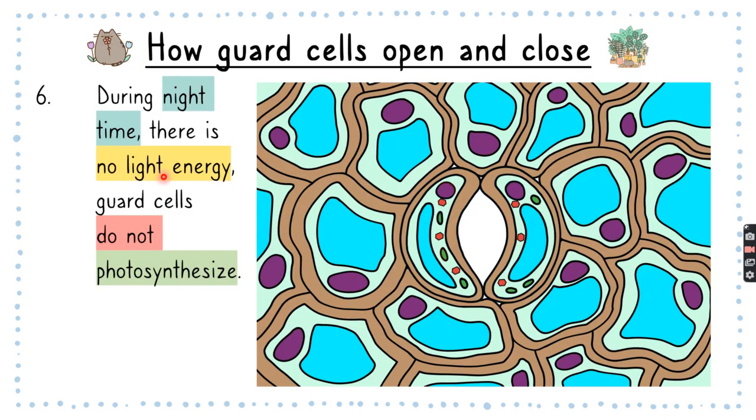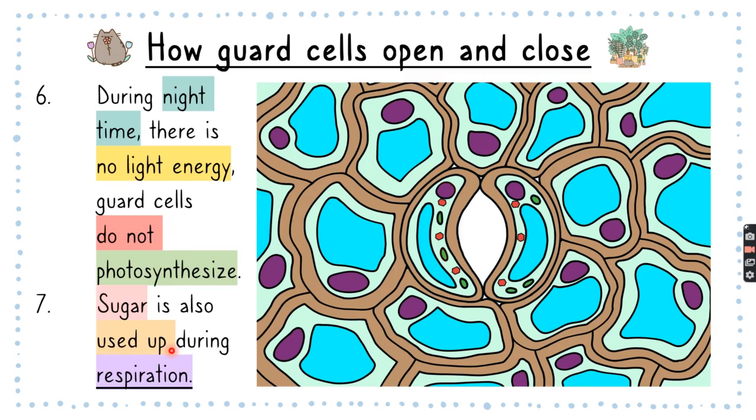However, during nighttime, because there's no light energy, unless you actually give the plants light, guard cells wouldn't photosynthesize because there's no sunlight. Sugar will then be used up during respiration.